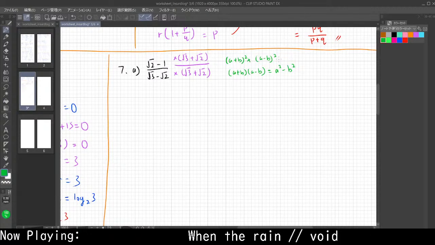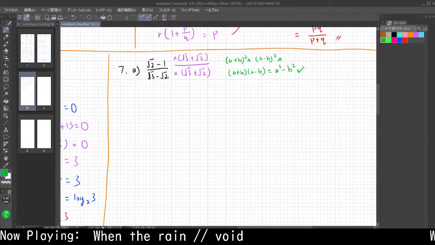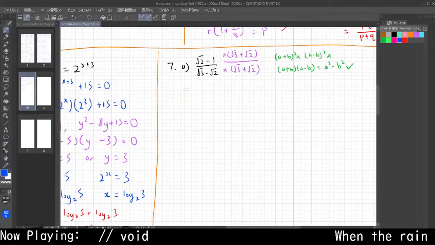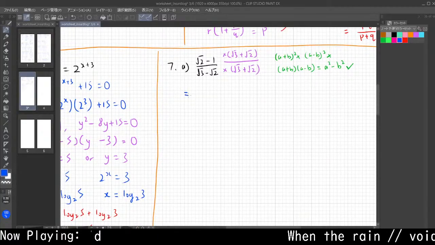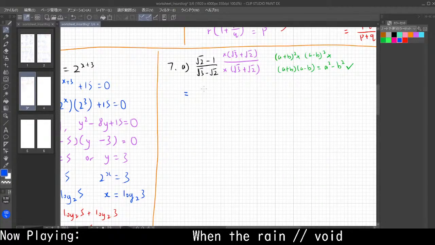So this is a no, this is a no, but this is a yes. Anyway, let's continue. Do this, and your bottom will directly be a squared minus b squared.